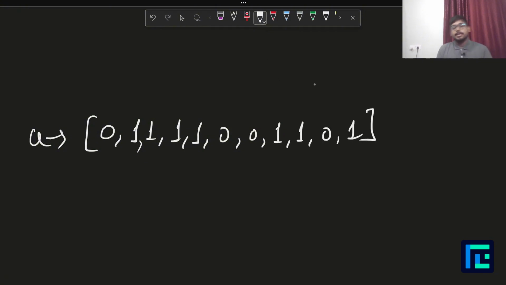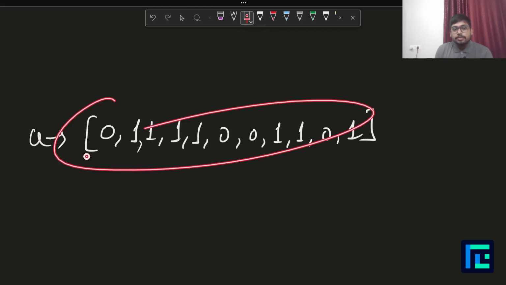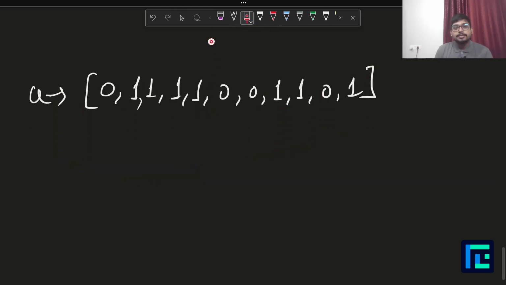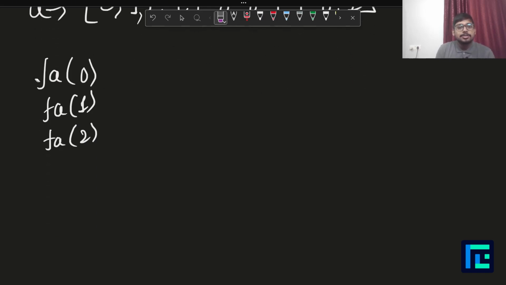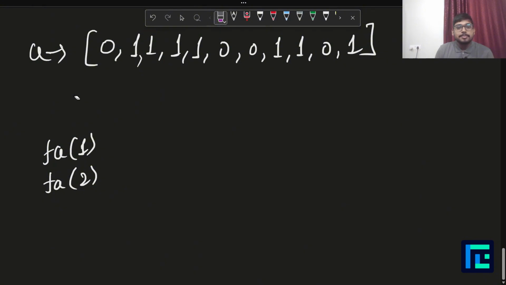Let's say we have an array A something like this. Let's try to compute our FA of x. What would be FA of 0, FA of 1, FA of 2? Size 0 doesn't really make sense, so it would be from 1.